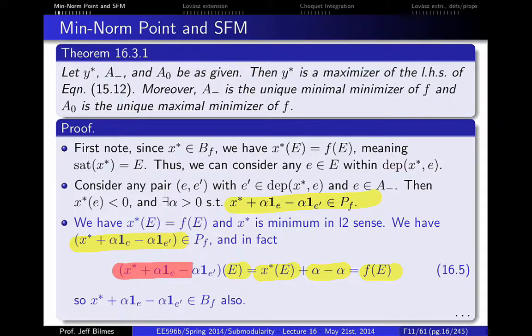So here's the new nudged vector, the red vector, it's just one vector. It's moved a little bit in the e direction, a little bit minus in the e prime direction. Since it has valuation f of e, it's still in the base polytope, right? So it's still in this base here.